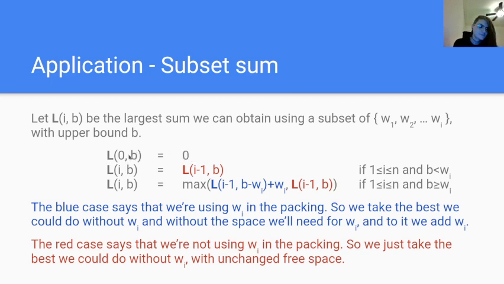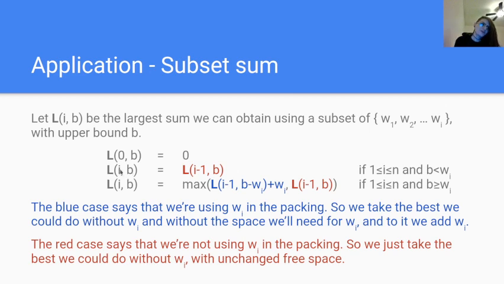All right. Our second case, L of i comma b, when i is greater than or equal to 1. So we're allowed to use items. It's not 0. But the bound that we're given is actually less than w sub i. We're trying to find L of i comma b.